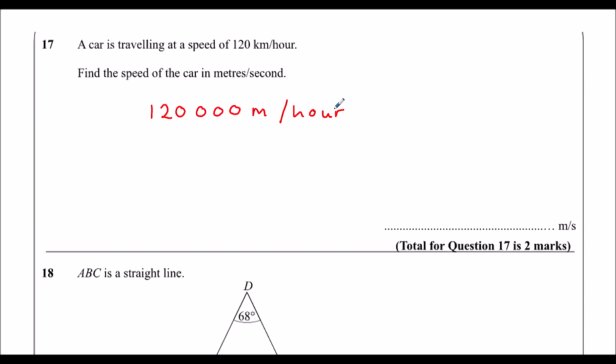Now we have to change hours to seconds. We can change hours to minutes because there are 60 minutes in an hour. So if it can go 120,000 meters in an hour, we need to divide that by 60 to see how far it goes in a minute.